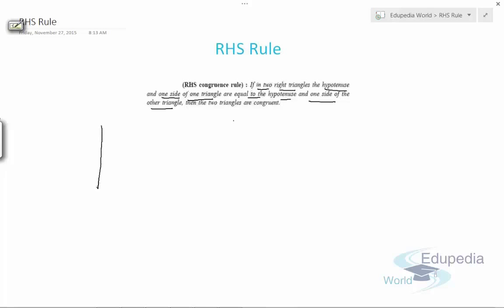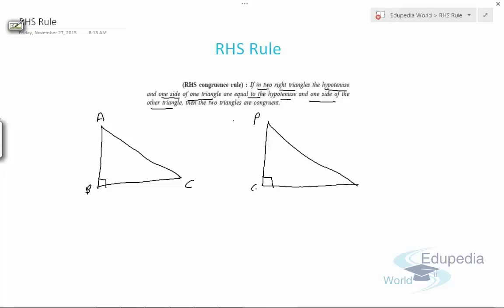Now let's say we have two right angle triangles like this, and another right angle triangle like this. Let's say this is triangle ABC, and this is triangle PQR.